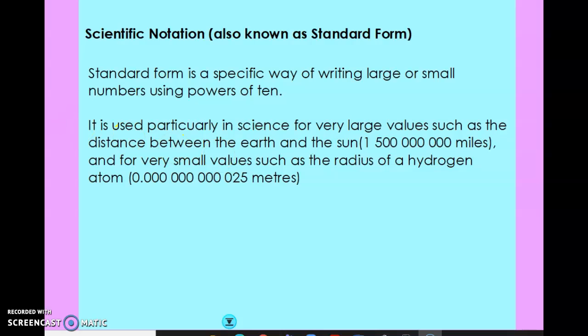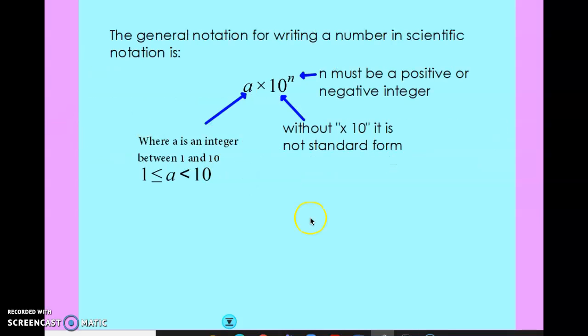Okay, so writing numbers in standard form or scientific notation then. To write a number in standard form, it must be in the form a times 10 to the power of n. That means it must be written as a number or integer, which just means any number without a decimal point, times 10 to the power of something.